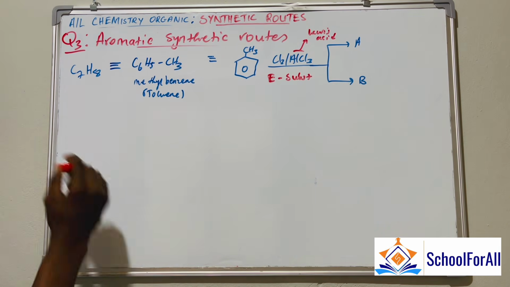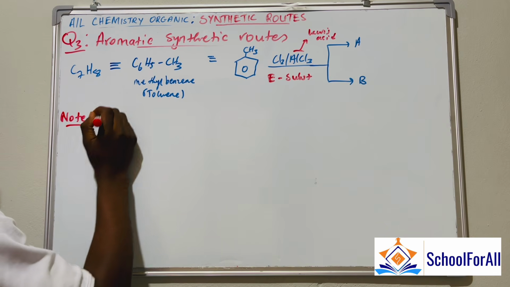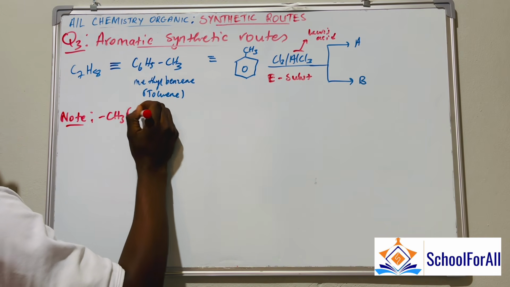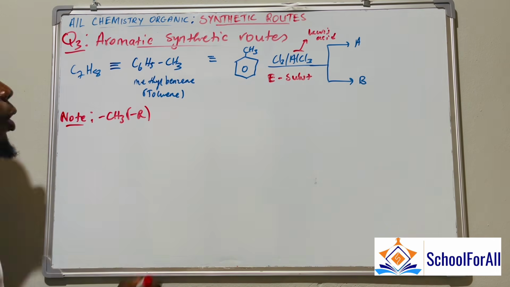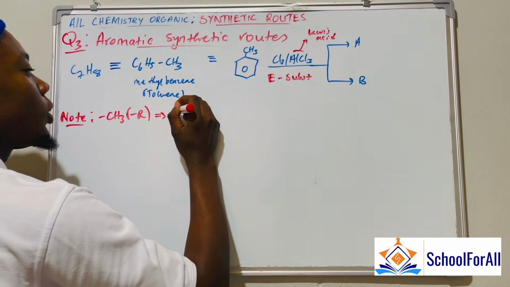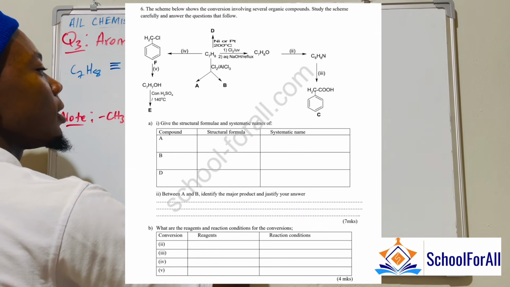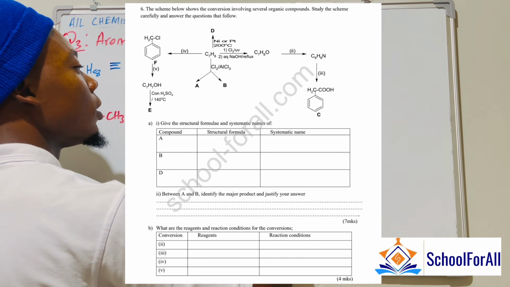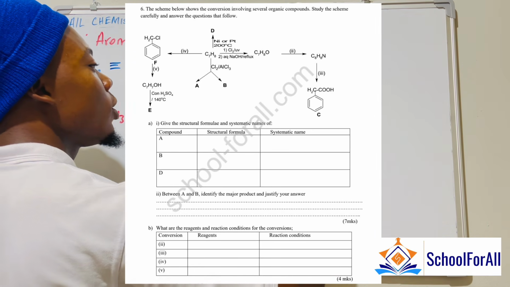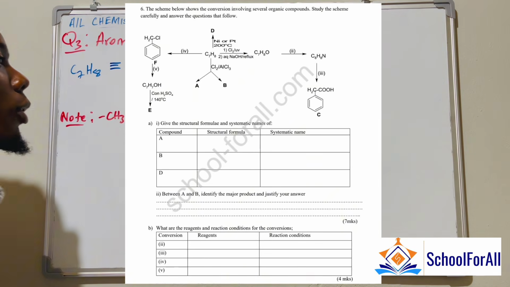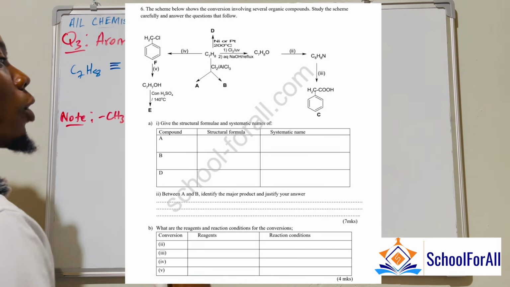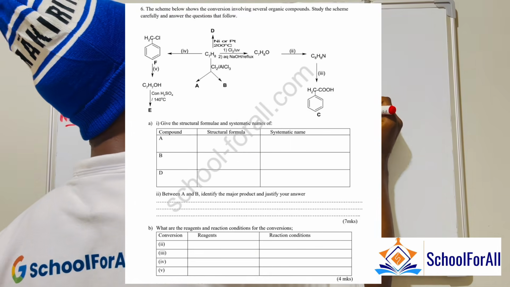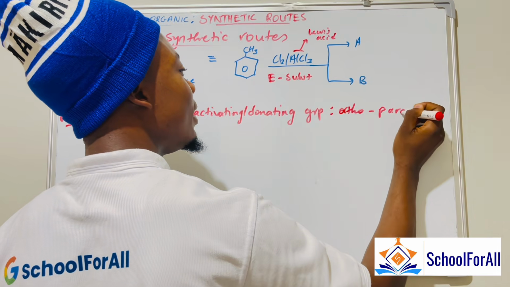So you need to know that CH3, which is an alkyl group, is what we call an electron activating or an electron donating group. This electron donating group will fix your upcoming compound either on the ortho or the para direction.